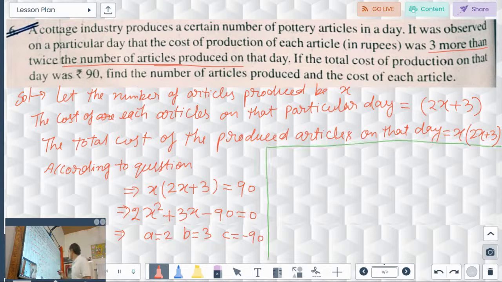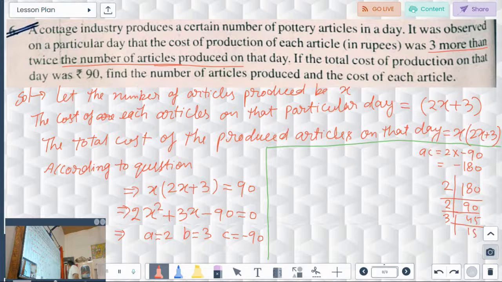Now AC equal to 2 into minus 90, okay, 180. Factors of 180: 2, 90, 2, 45, 3, 15. Now B equal to 3, so the factors are 15 and minus 12, okay.